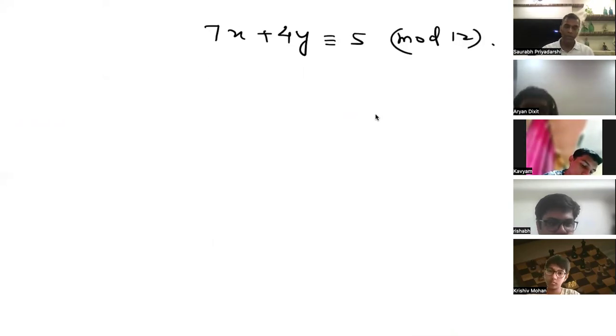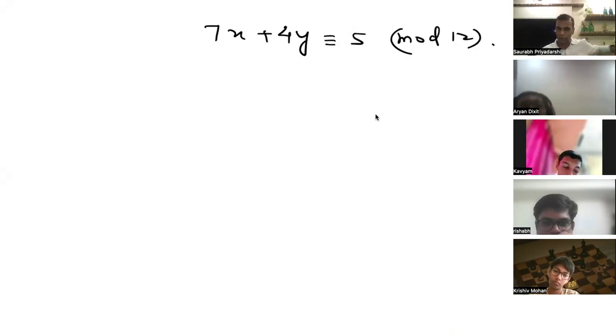So now I have to find the values of x and y for mod 12. How many values of this type are possible that will satisfy it for x and y?